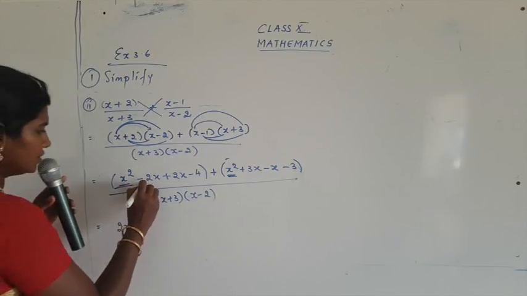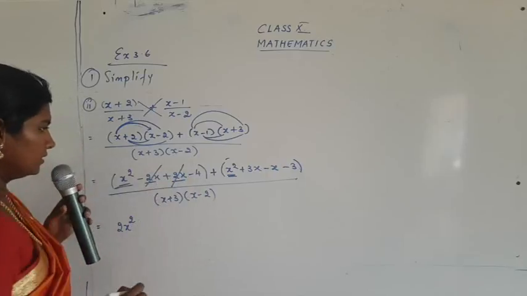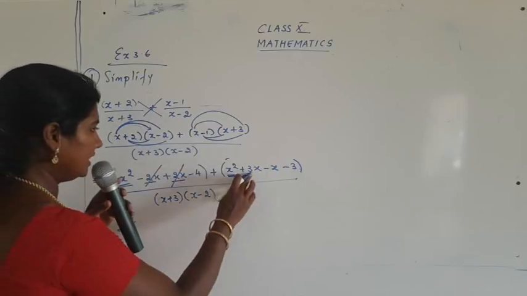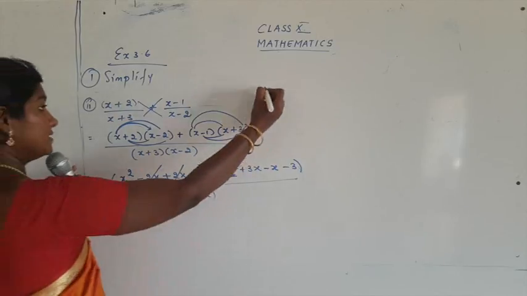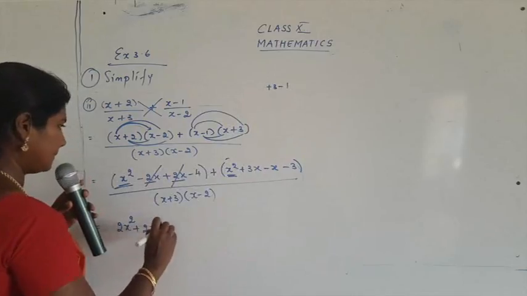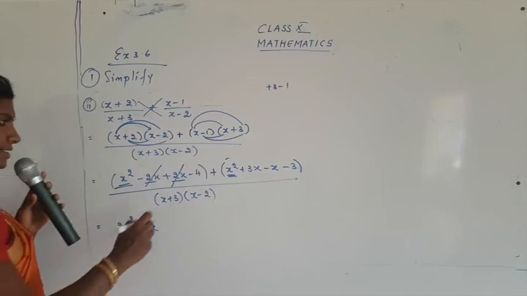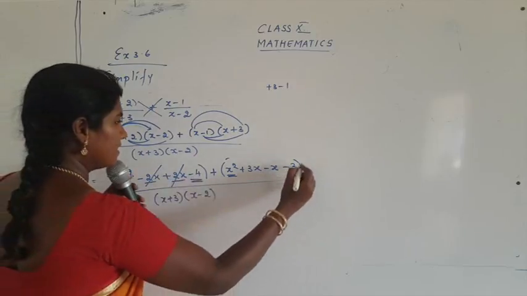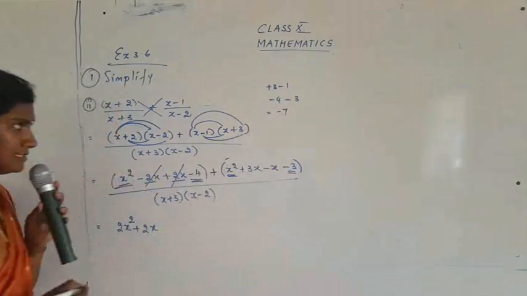We have minus 2x plus 2x, that gets cancelled. Now what is left here? 3x minus x, which is 2x. Now for the constant term, we have minus 4 minus 3, which gives minus 7.